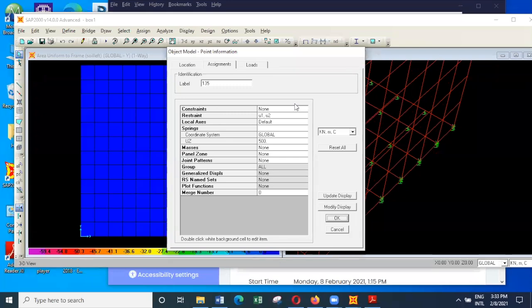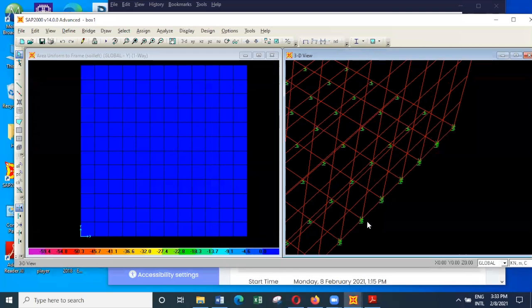Because of that reason, we'll apply some restraints in horizontal directions, but you don't have to worry about the vertical direction. The reason is there are springs to look after the vertical direction.